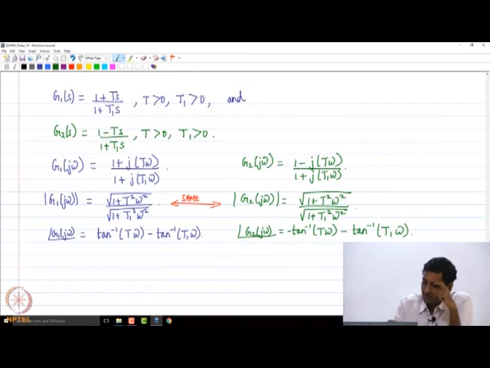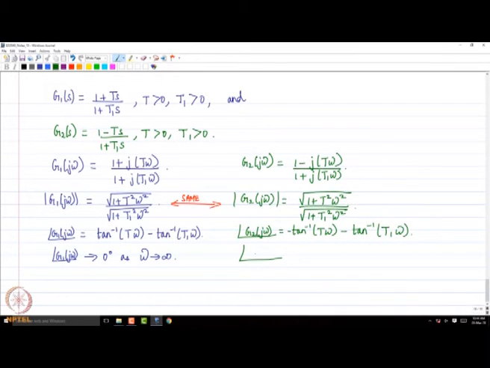What do you think happens to the phase of G1 of j omega as omega tends to infinity? It tends to 0. What can you say about the phase of G2 of j omega as omega tends to infinity? It tends to minus 180. So which has the minimum phase?